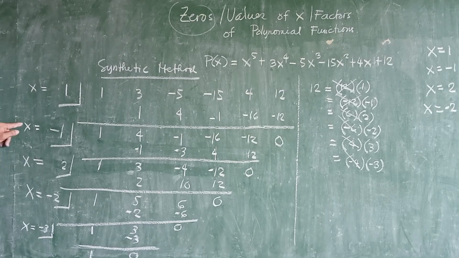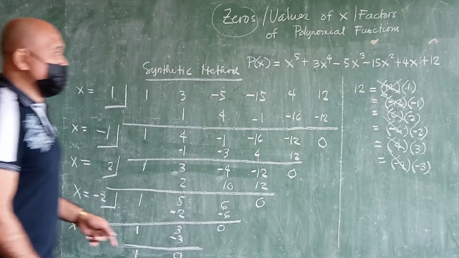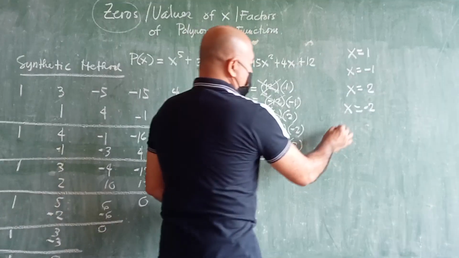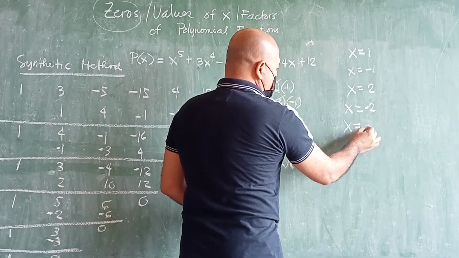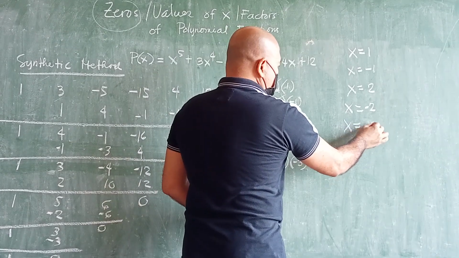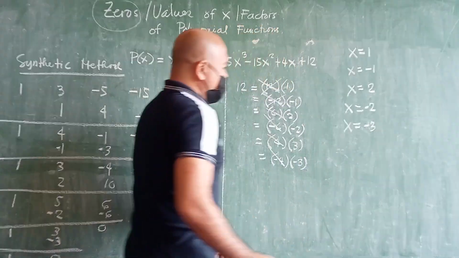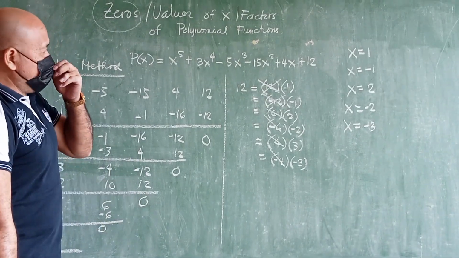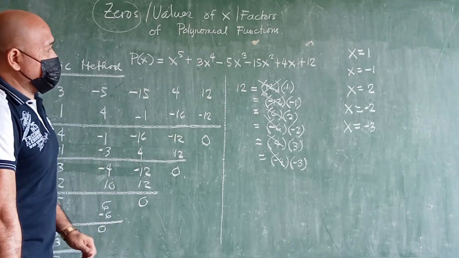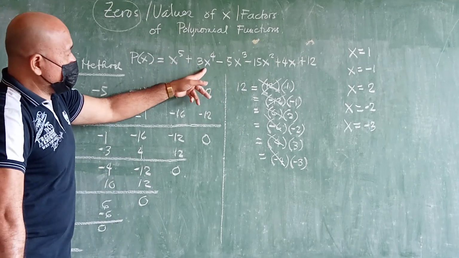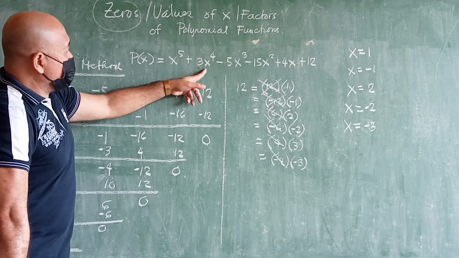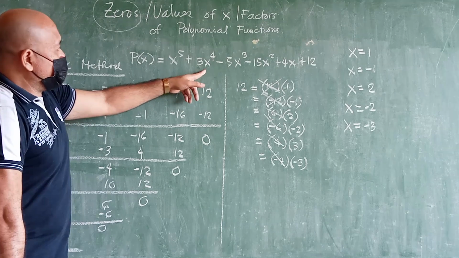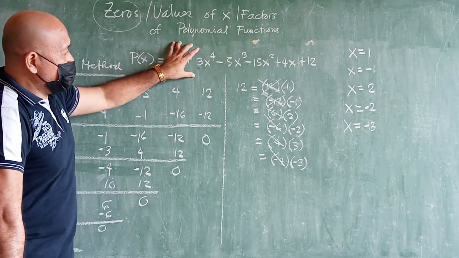So we have now 1, 2, 3, 4, 5. So these are the 5 different values of x that we need to look for, in order to satisfy that these integers are the values of x needed for us in order to satisfy the given function.